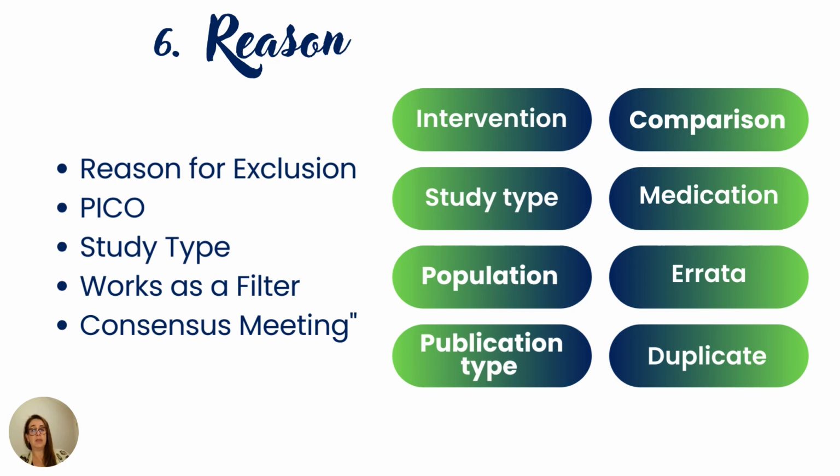Studies that receive a specific tag can be grouped and reviewed separately from others, serving as a filter. As part of the reason functionality, these tags act as reminders during consensus meetings in case of disagreements among reviewers.